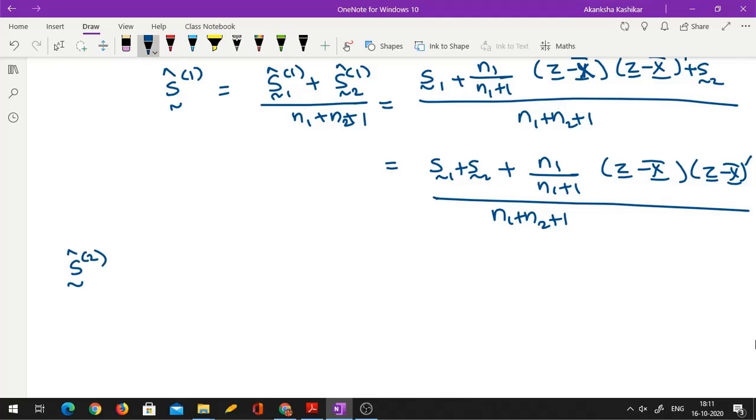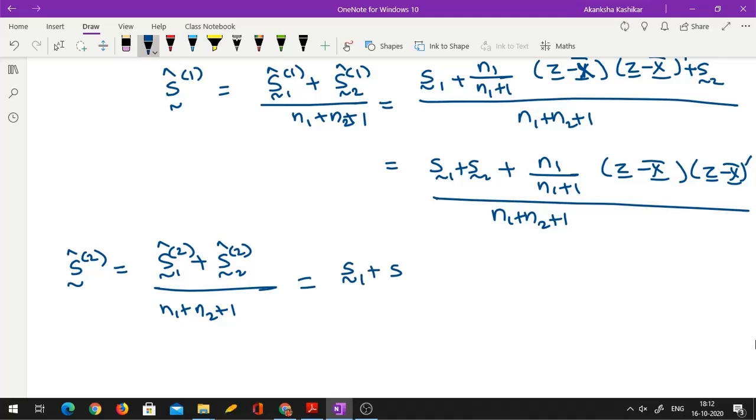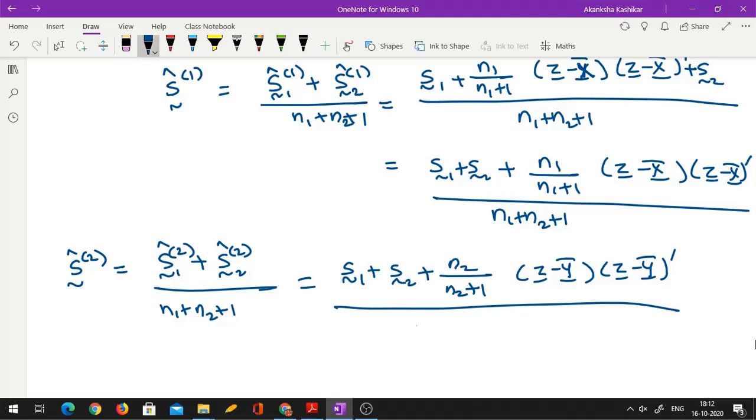Then similarly, the estimate of the entire CSSP matrix under the second hypothesis would be the estimate of S1 under the second hypothesis plus the estimate of S2 under the second hypothesis upon N1 plus N2 plus 1. So that would become S1 plus S2 plus N2 upon N2 plus 1 Z minus Y bar Z minus Y bar prime upon N1 plus N2 plus 1.